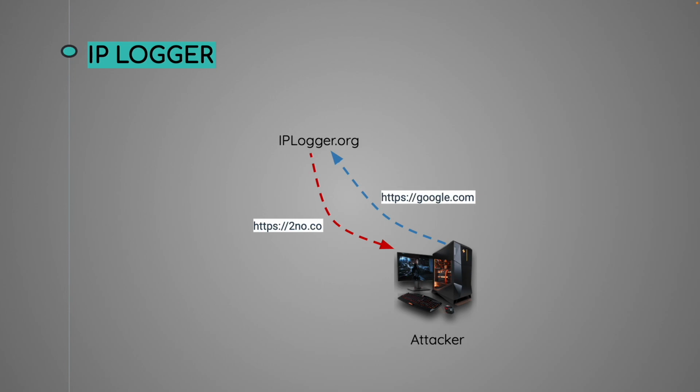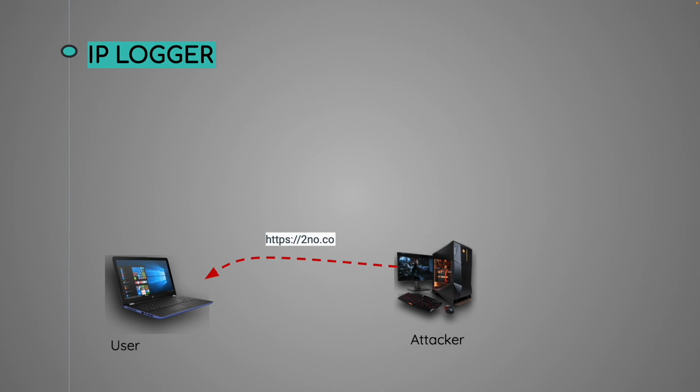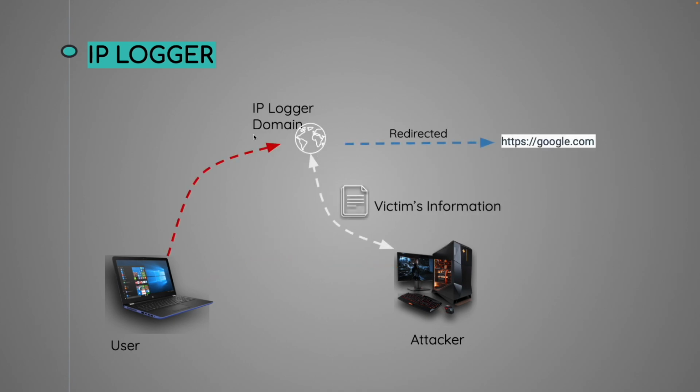Now, after the attacker generates the shortened URL, they send that to the user, either via email or any other delivery method. And once the user clicks on that link, first they will stop by the IPLogger domain, in which we will grab the user's information such as the IP address, browser information, and exact GPS location.